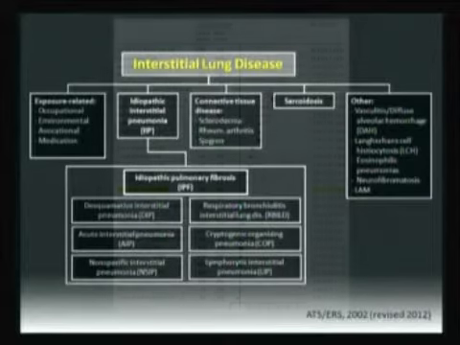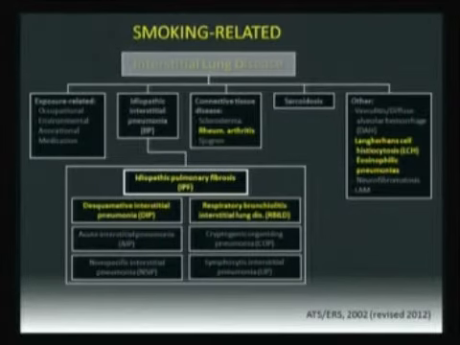So come back to this classification, and these are all smoking-related ILD, as far as we know. Rheumatoid arthritis ILD, Langerhans cell histiocytosis, eosinophilic pneumonias, IPF, DIP, RBILD, they are all smoking-related.